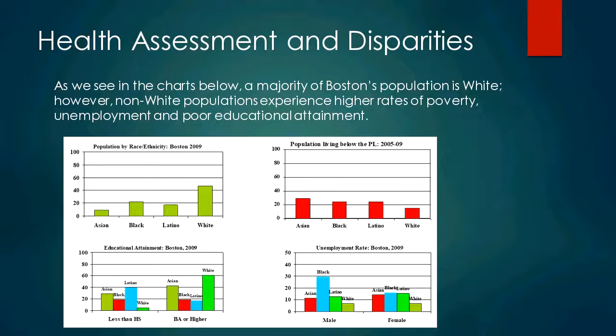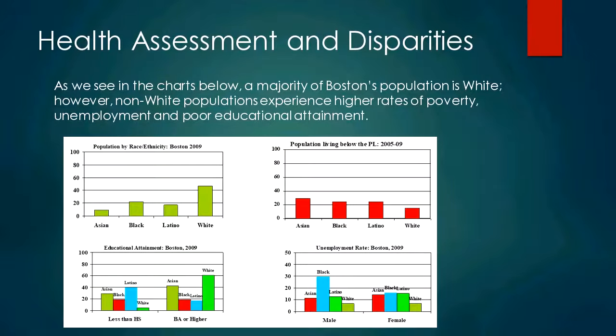However, when we look at the population living below the poverty level from 2005 to 2009, we see that among Asians, Blacks, and Latinos in Boston, a higher percentage live below the poverty level relative to whites. The educational attainment graph should be somewhat striking to all of us because education is one of our most powerful tools to really improve health over the long term.